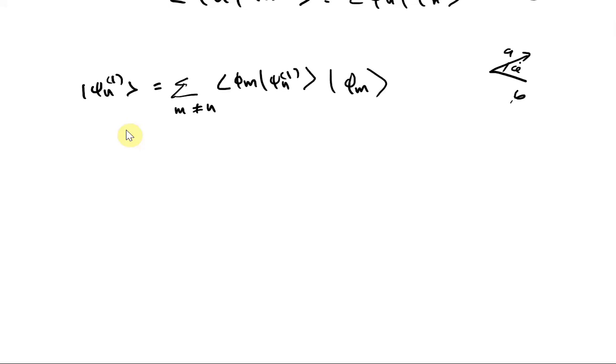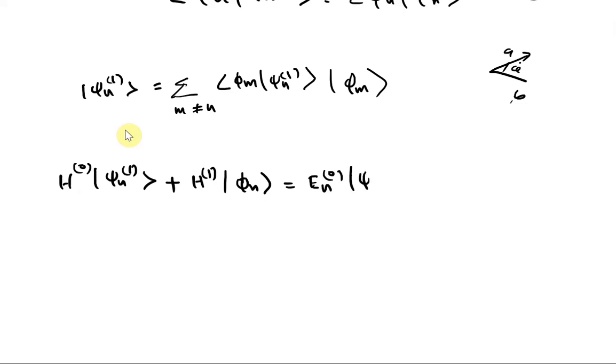Whenever we compared the lambda power 1, we found the first order energy correction term and wave function correction term in an expression something like this: h naught multiplied with psi n1 plus h1 multiplied with psi n0, or phi n, which is equal to en0 psi n1 plus en1 phi n0. Phi n0 means psi n0 means phi n. Okay.